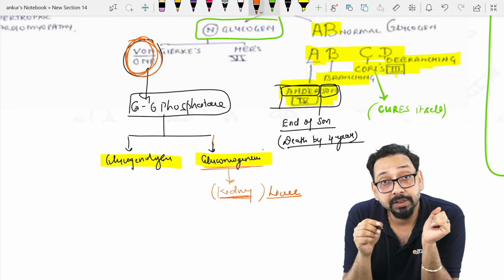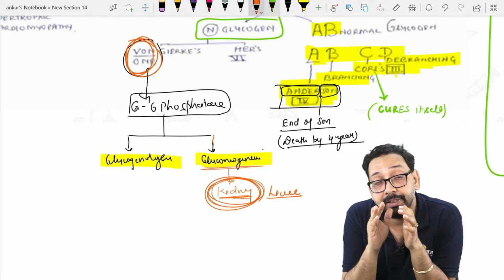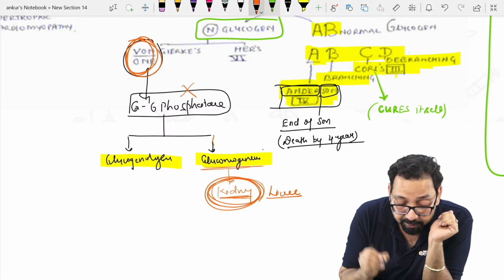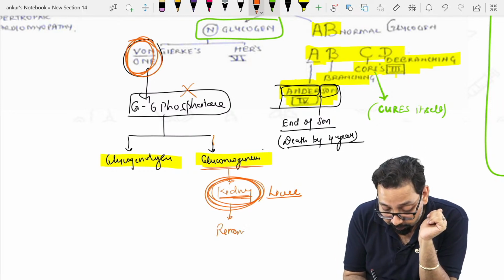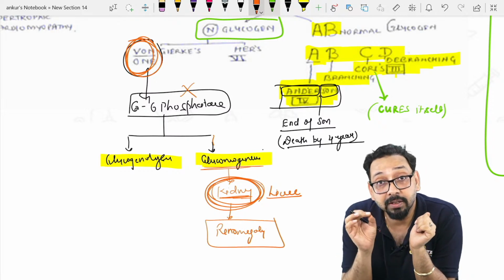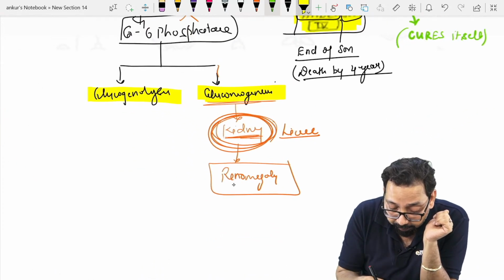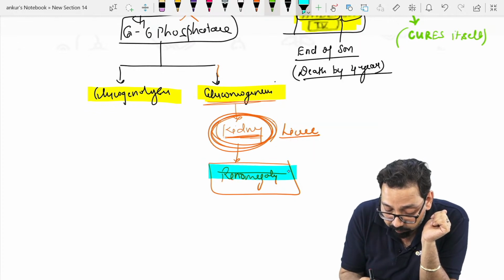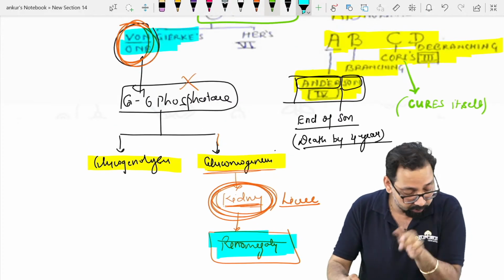The kidney will try to maintain blood glucose but would not be able to, because the last step of gluconeogenesis is deficient. So there would be renomegaly. This is the catching point. In any glycogen storage disease, if you find the word renomegaly, without second thought the answer would be von Gierke's disease. Now solve the question.